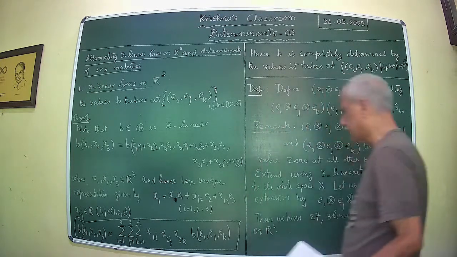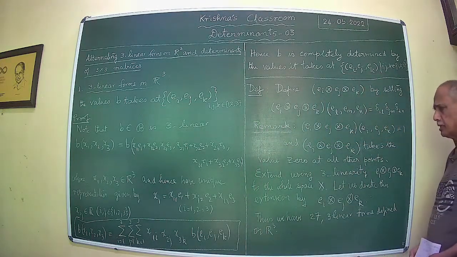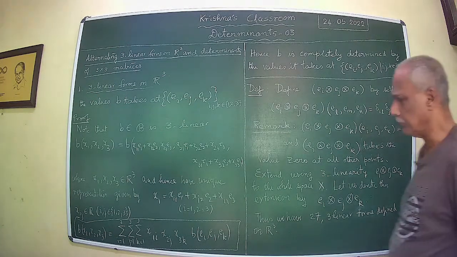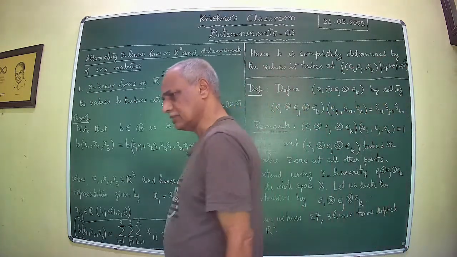When you say R3, you are actually defining a scalar map on R3 direct sum R3 direct sum R3. That is the meaning of that.